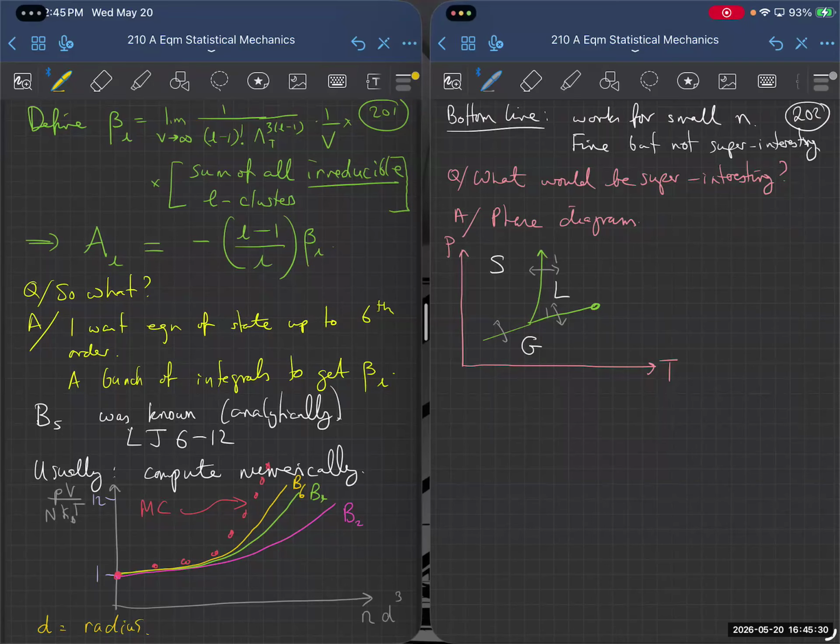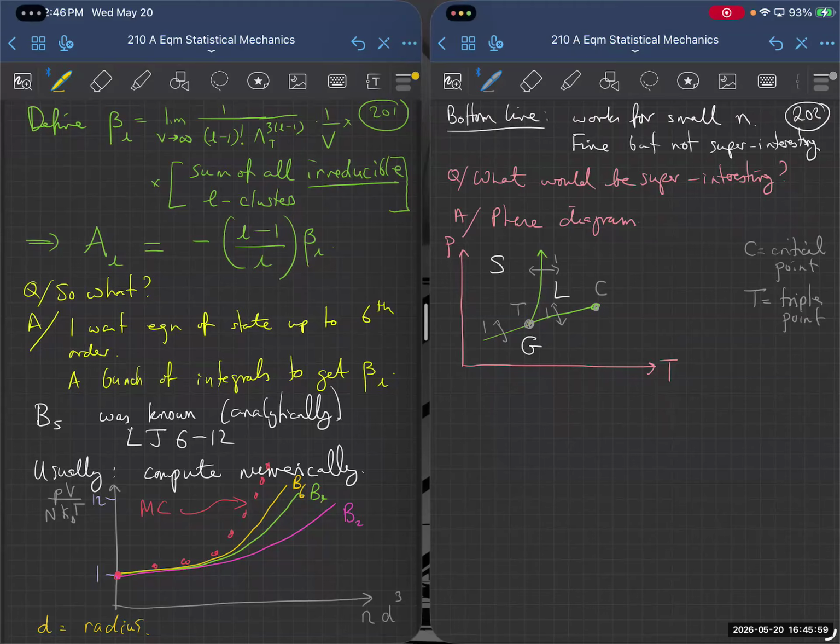This boundary here is a first order phase transition. And this thing over here is called the critical point. And this point over here is called the triple point, where three phases of matter all come into coexistence.